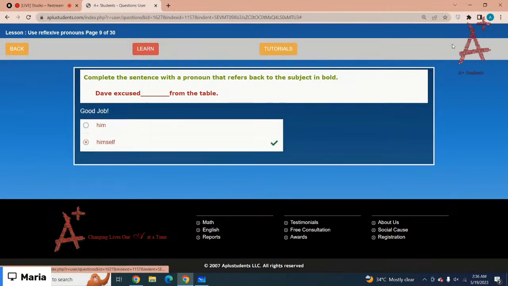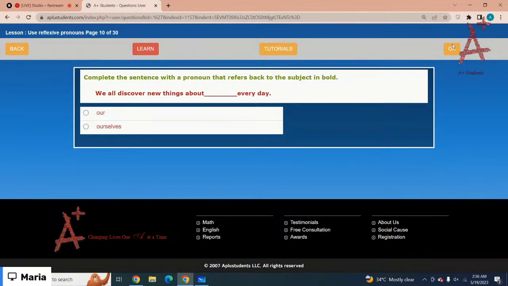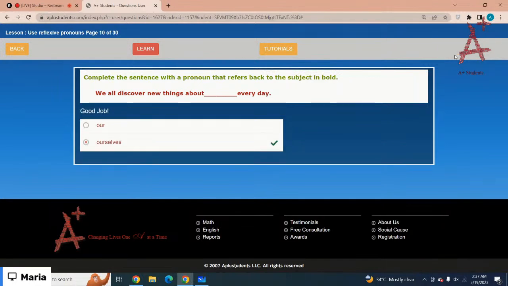Himself is the correct option. We all discover new things about ourselves every day. The correct option is ourselves.